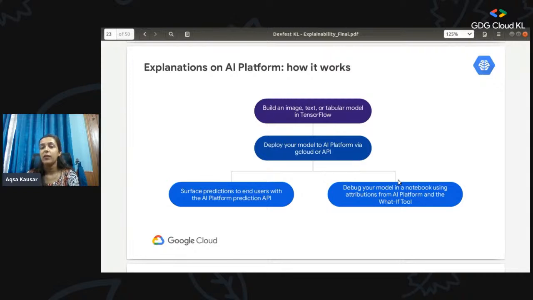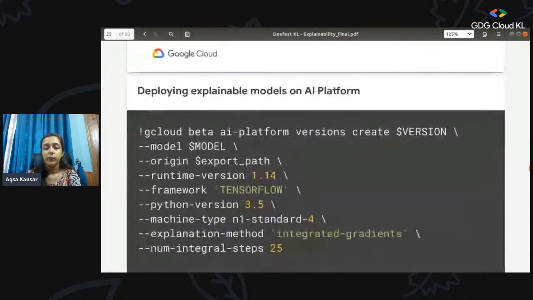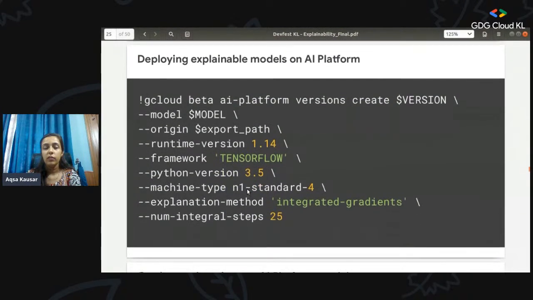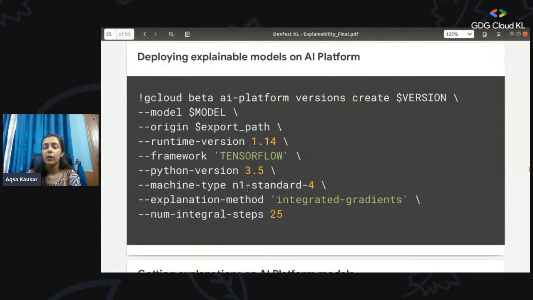What the What-If Tool exactly does and what the different features are, I'll come back to in probably the next slide. And you can also use the AI platform prediction API. So that returns you the JSONs from the explainability module, and you can use them to understand how your model is performing. The JSONs and the images as well. So this is how deploying explainable models on AI platform looks.